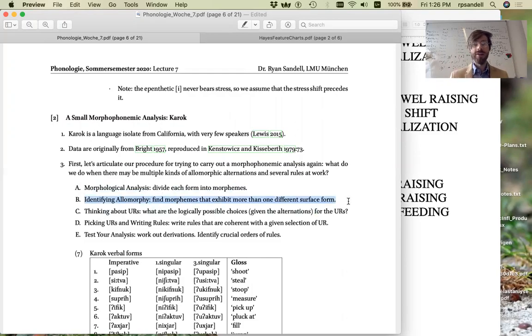And we want to find what the allomorphs are when different stems or different affixes have different forms, make note of those, and then try to develop some hypotheses about underlying representations and establish what the most reasonable phonological rules combined with the best underlying representations would be. And then at the end, make sure that our rules work as expected and identify any cases in which the rules need to be ordered with respect to one another to ensure that all of the data are generated correctly with the system of rules that we've developed.